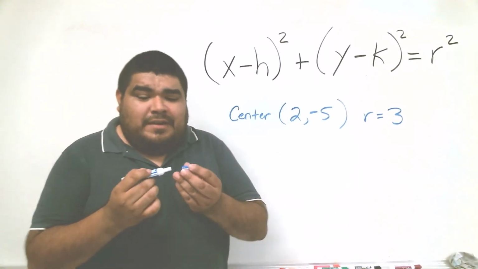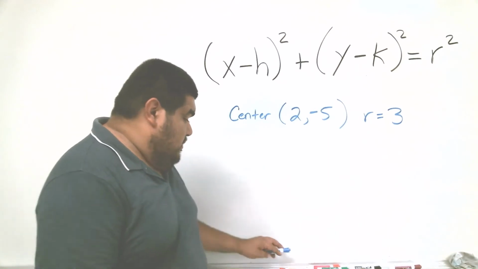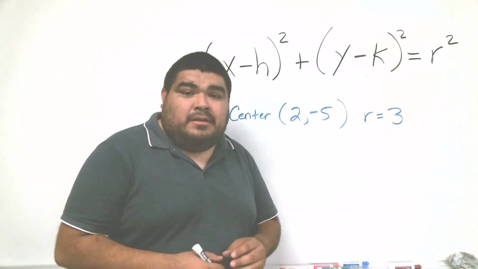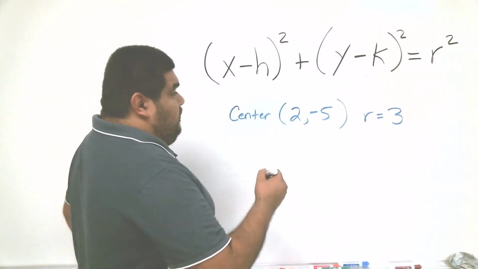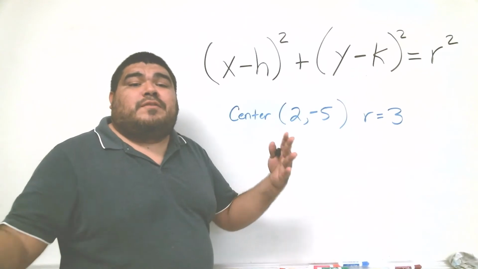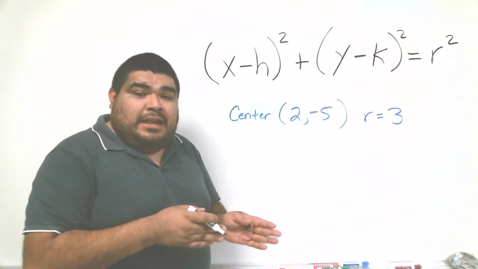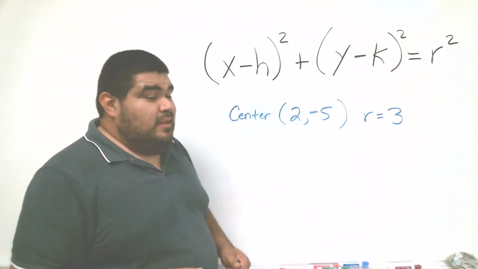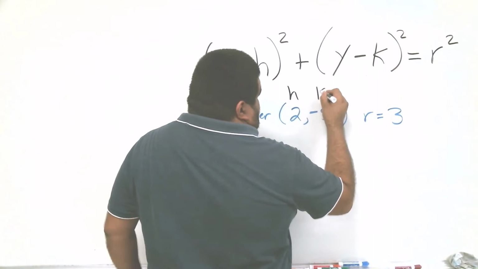So all we have to do is plug it in, okay? Always label. Makes it a lot easier. So remember back on a few concepts back where you have to label it X and Y. Now you're going to label it H and K. It's also the same thing. Okay? So H and K.